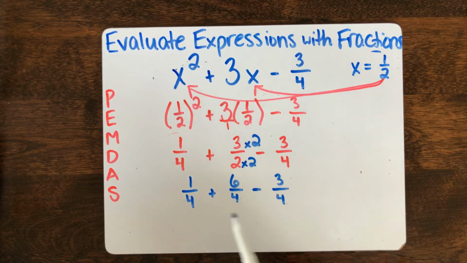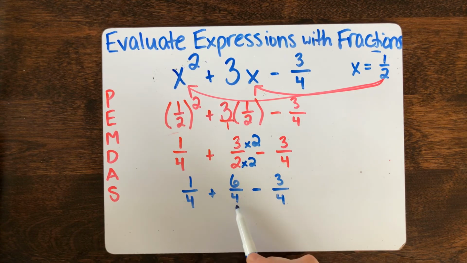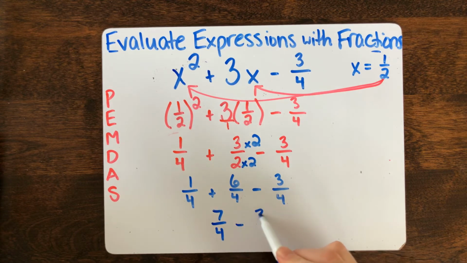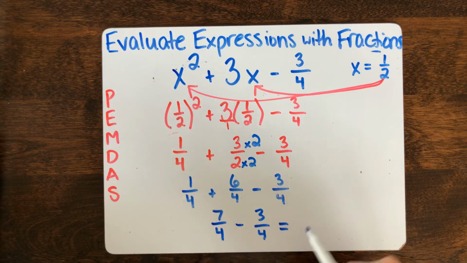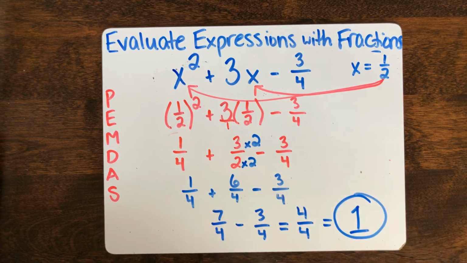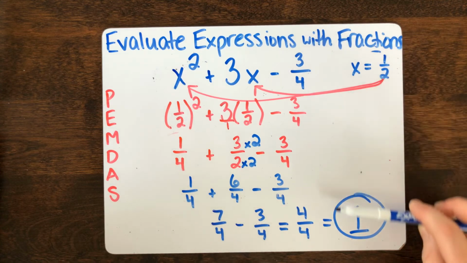And again, if we just have addition and subtraction, we can go left to right. So 1/4 plus 6/4 is 7/4 minus 3/4. 7/4 minus 3/4 is 4/4, which is exactly the same as 1.